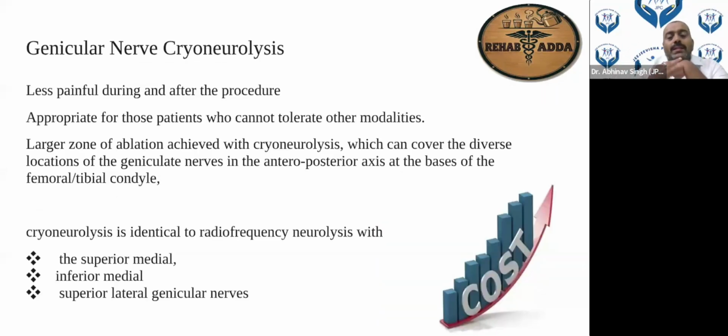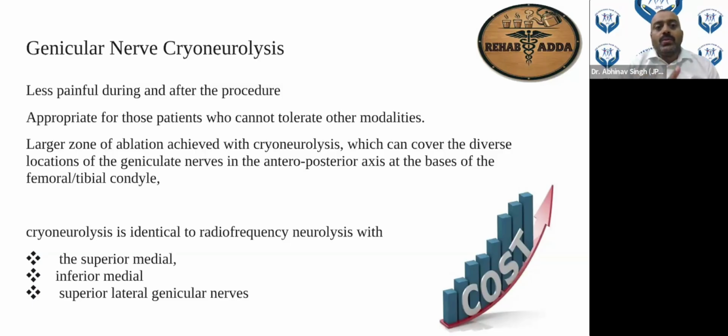Compared to that, cryoneurolysis is comparatively less painful, and those patients who cannot tolerate other modalities can try it. Because of the cryoneurolysis, a larger zone of ablation is achieved, and it can cover the diverse location of the genicular nerves in the anterior posterior axis.